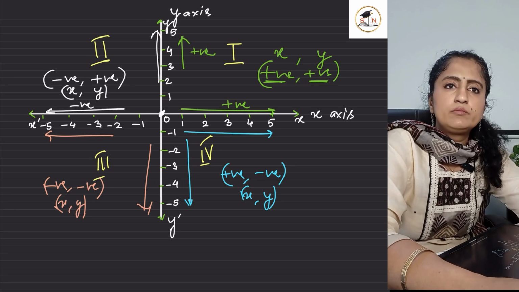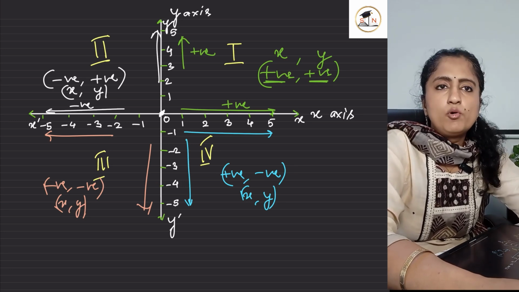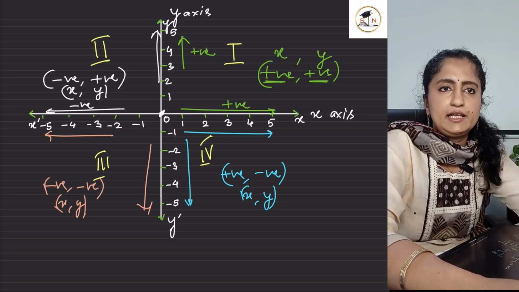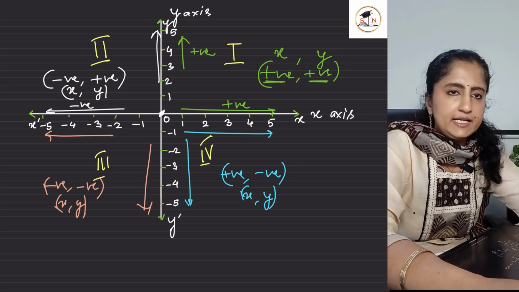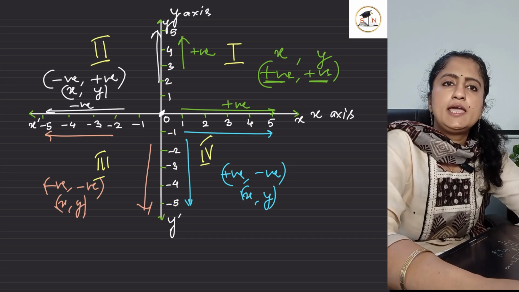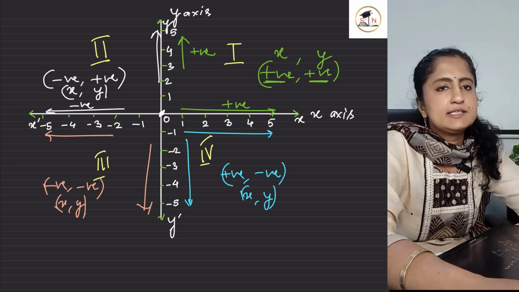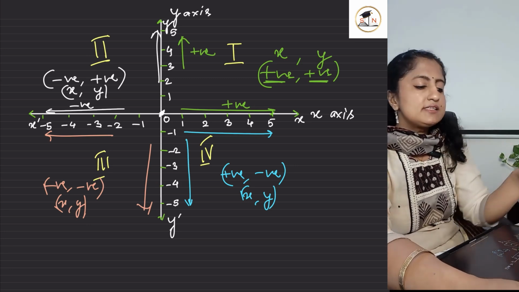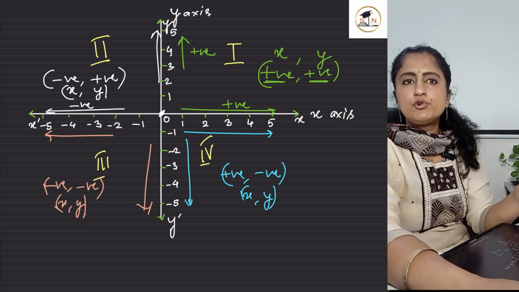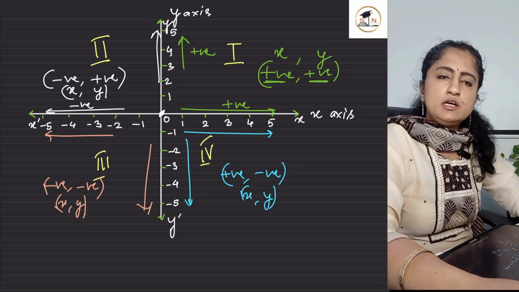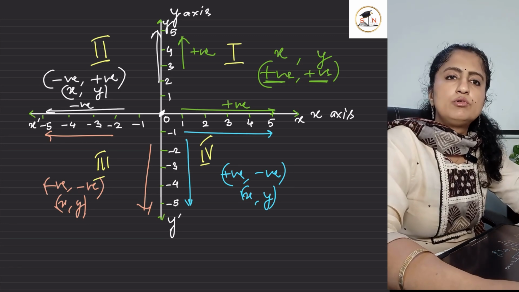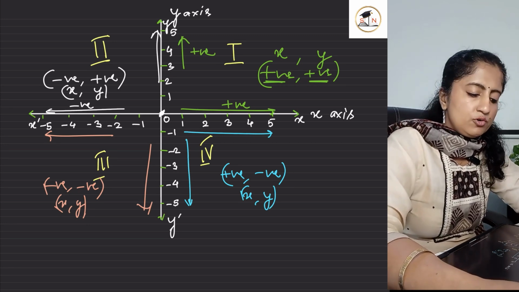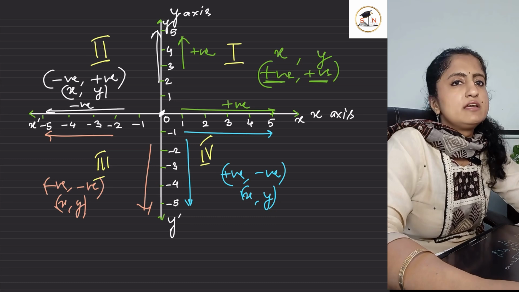Now, coming down in the third quadrant, both X and Y are negative. Moving towards the right, that is the fourth quadrant, X is positive, Y is negative. This thing is fixed. Whichever portion you do, whichever year you do, whichever chapter you do, the Cartesian plane is fixed, the notation is fixed, the pattern is fixed.